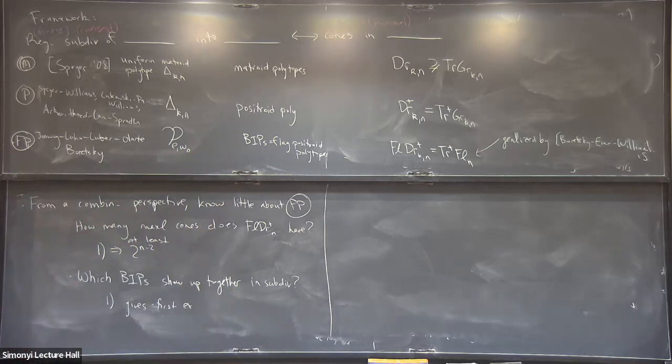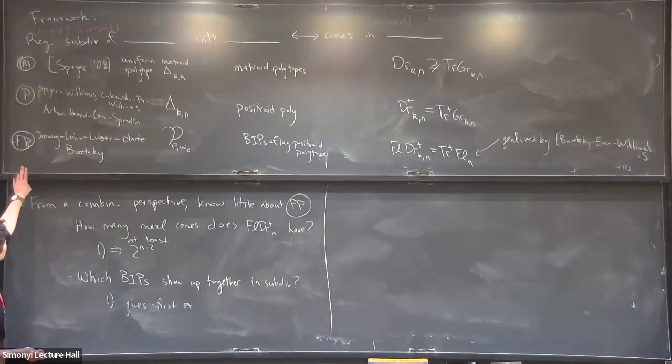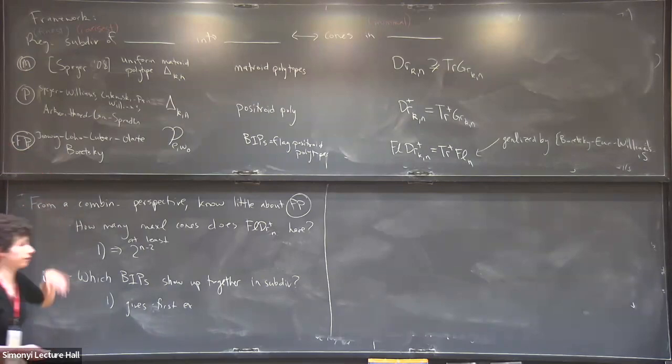The last thing I was going to say about this has kind of already been addressed, which is what 1 also shows is something funny that happens in flag positroids that does not happen in the positroid situation.